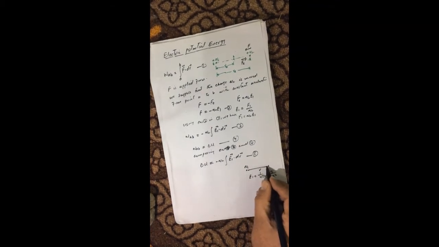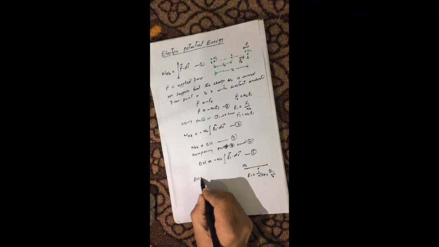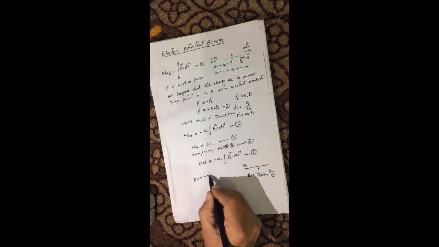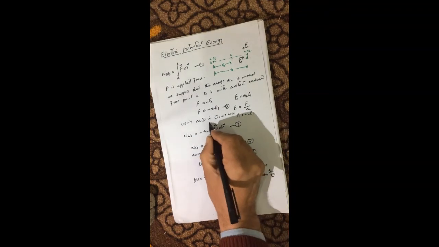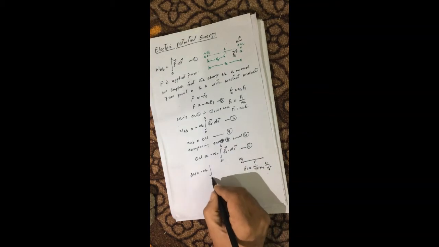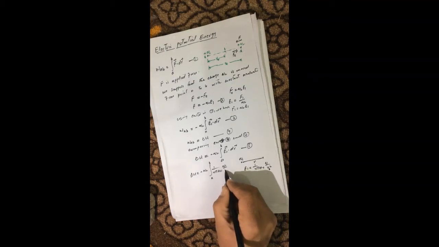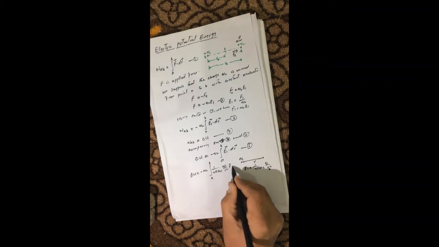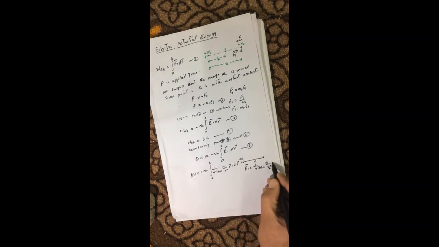So if I replace the value of E1 by this one, then my change in potential energy will be equal to minus Q2 times the integral, with limits from A to B, of 1 over 4 pi epsilon naught Q1 over r square times the r unit vector dot dr, since this is a vector quantity.